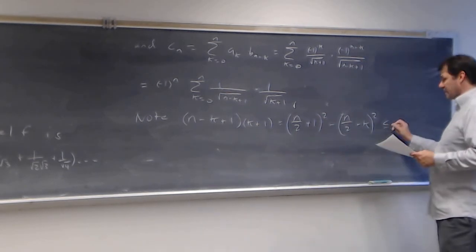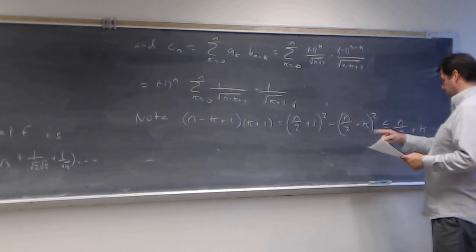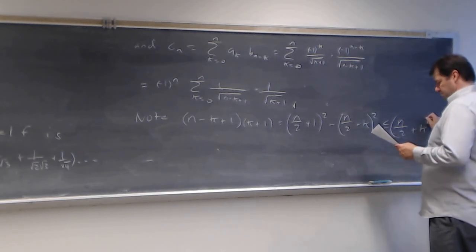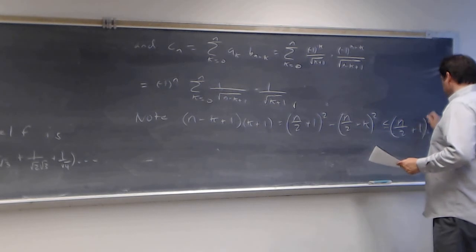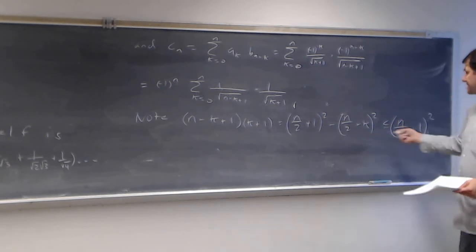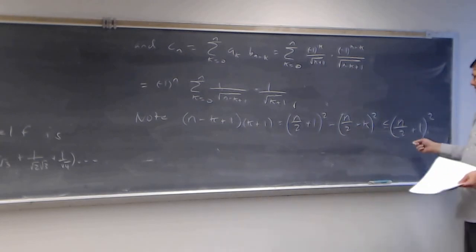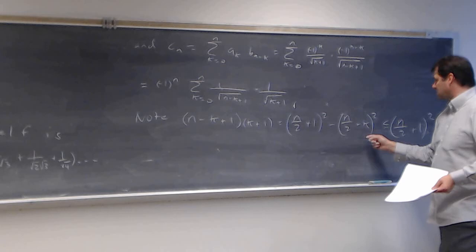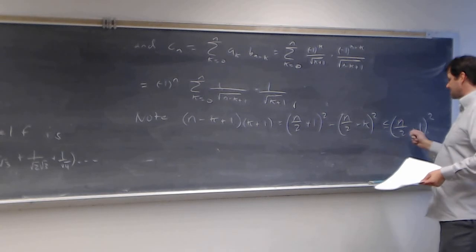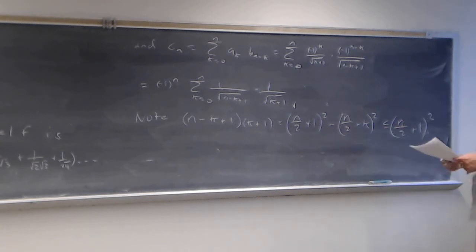And that's definitely less than or equal to n over 2 plus 1 squared. Okay? So this part's an algebraic fact that you just square things. You get it. And of course, here I have something, and I'm taking away a positive thing, so that's less than just the original thing before I take away the positive.